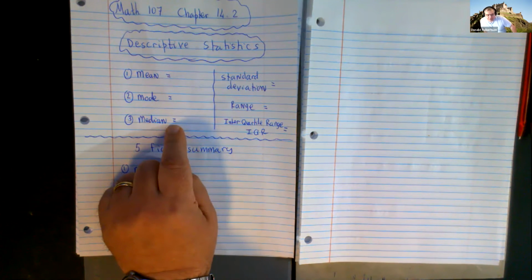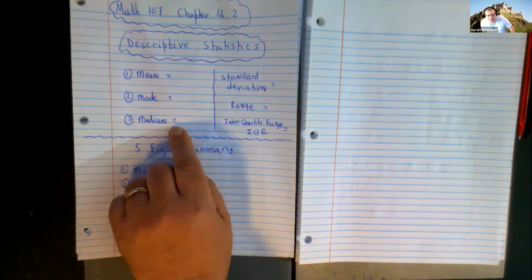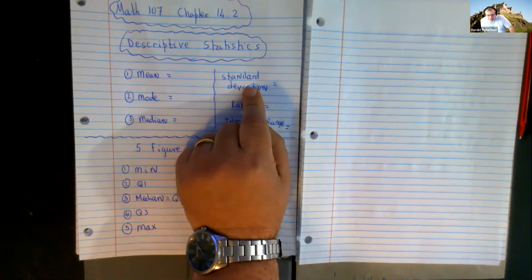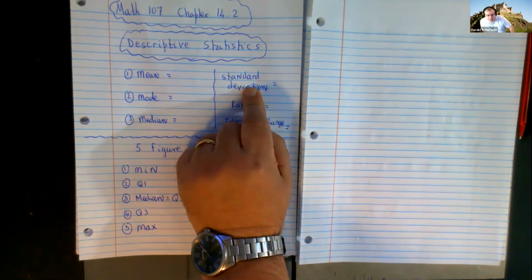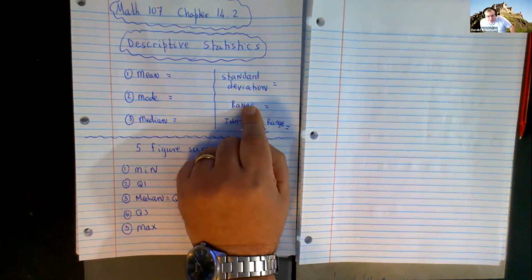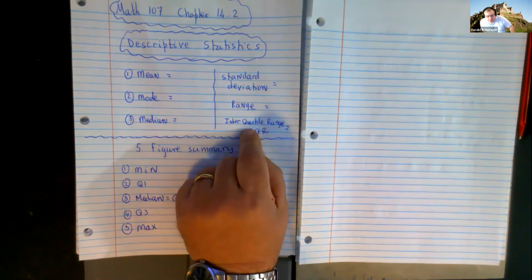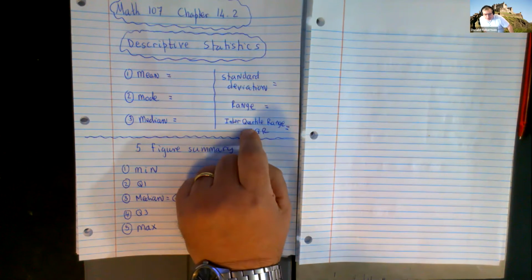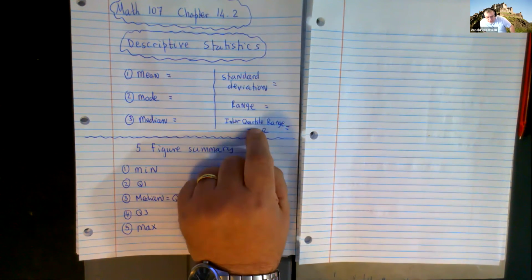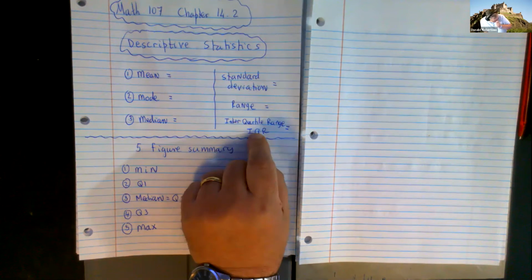Depends on if the data has an odd number in it, like 5 numbers or 25 numbers, or if it has an even amount like 90 or 8 or something. And then we have the standard deviation, which is done on the calculator. The range, which I think we haven't talked about yet, but that's pretty easy to do. And the interquartile range, IQR for short, which we also haven't spoken about.